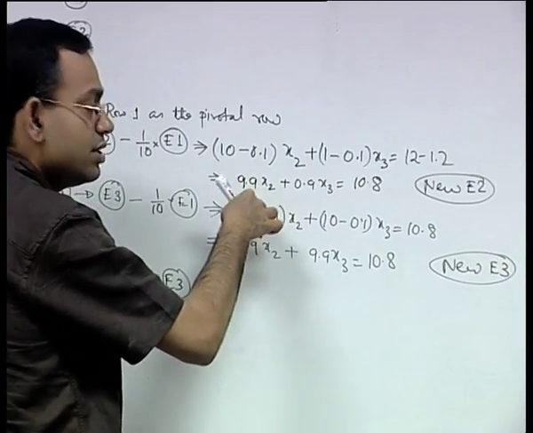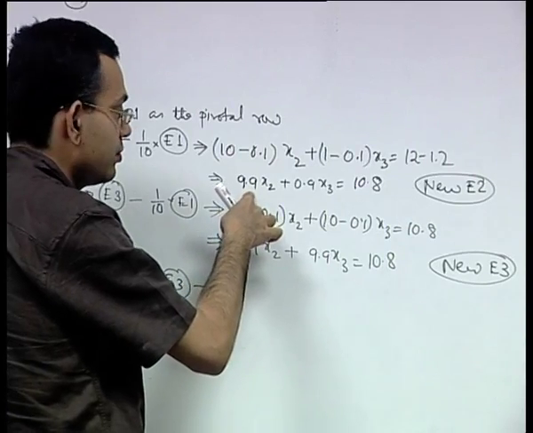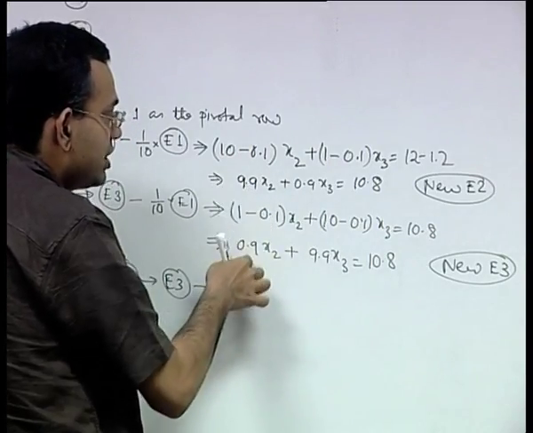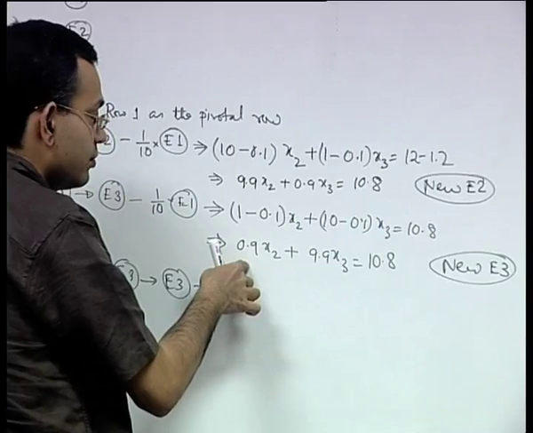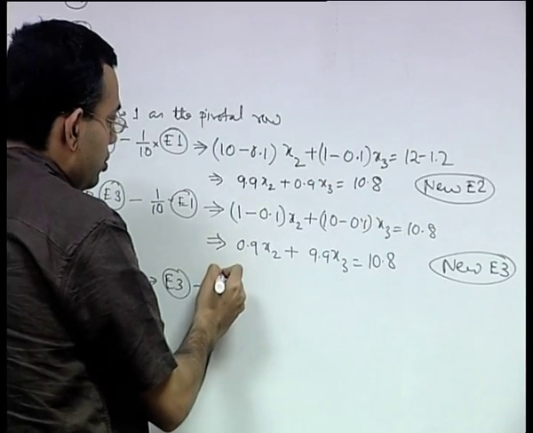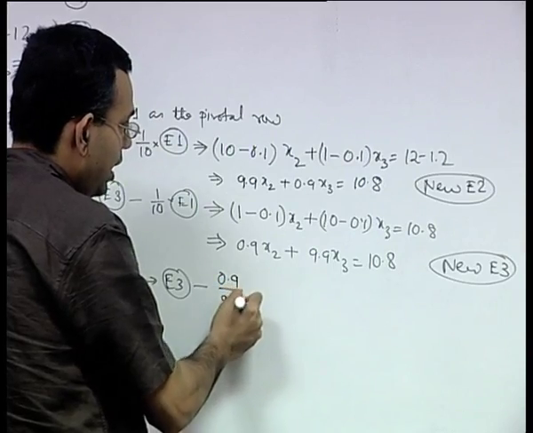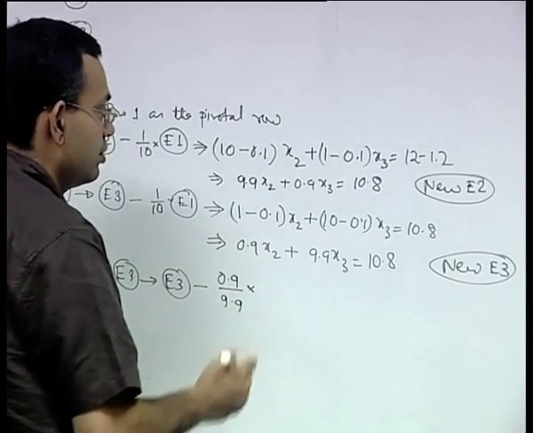How do you make it 0? Just use these coefficients: 0.9 by 9.9 into 9.9.